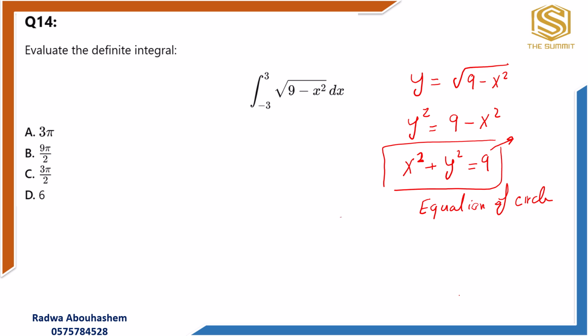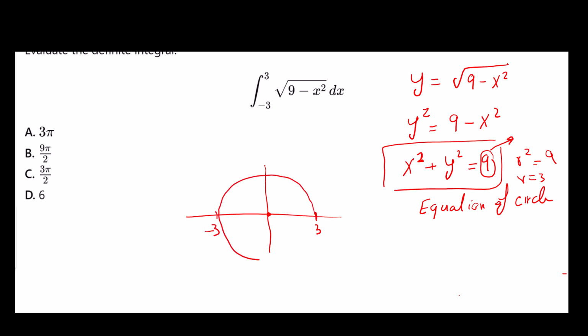So this means I have a circle. Its center is 0 and 0. And of course, here, this is the r squared. So this means that r equals 3. So here is 3 and here is negative 3. So I have a circle and I need to find the area for it, because he asked me about definite integration, and the meaning of definite integration is to find the area. So if I'm asking you to get the area from negative 3 to 3, this means I'm asking you to get the area of a half circle.